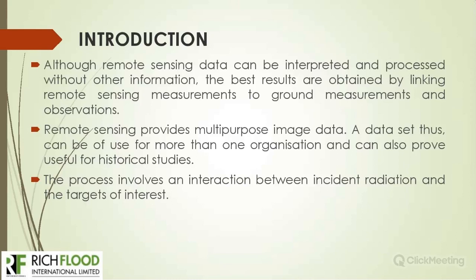What this is trying to explain is that in order to obtain reliable information from your remote sensing data or system, it should be accompanied with actual ground measurement, what we call ground truthing, whereby you go to the field to observe specific features that you have seen in your satellite imagery or remote sensing data, and marry that with what you have observed in order to have reliable information about the object you are trying to get information from.